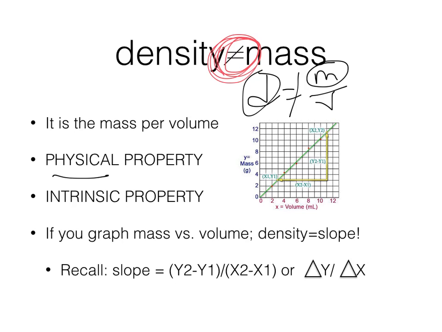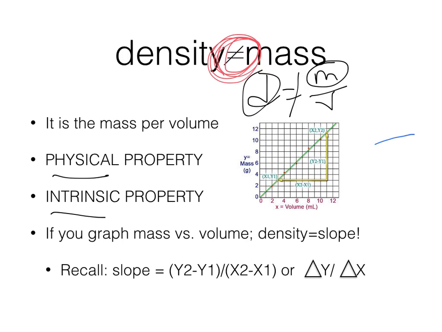If you think about a feather versus a piece of lead, they're going to have very different masses, and we're going to look at some of those in class. It's also what we call an intrinsic property, meaning that the amount that you have doesn't change the density. It doesn't matter how much of the actual material you have, the density doesn't change.